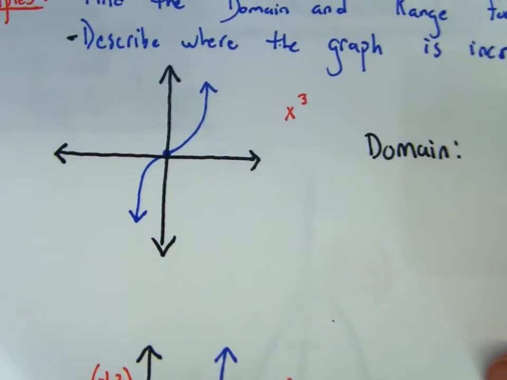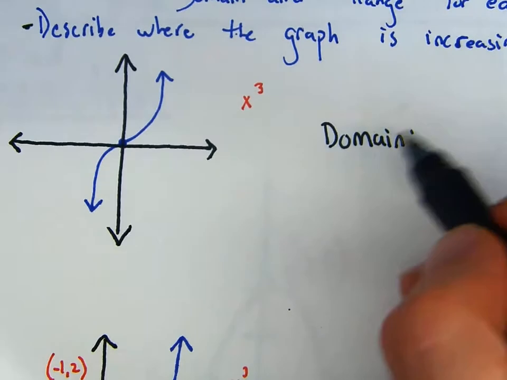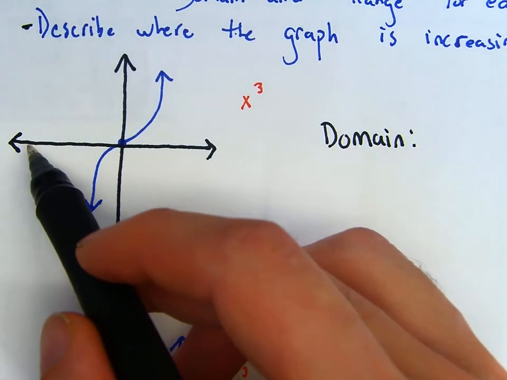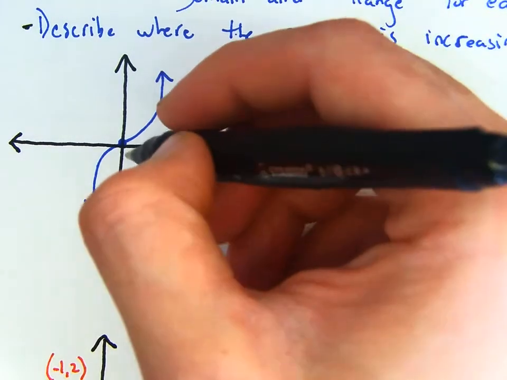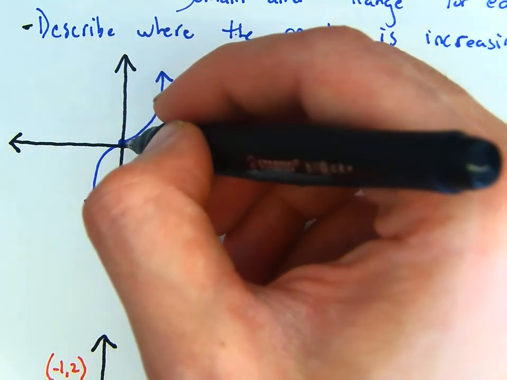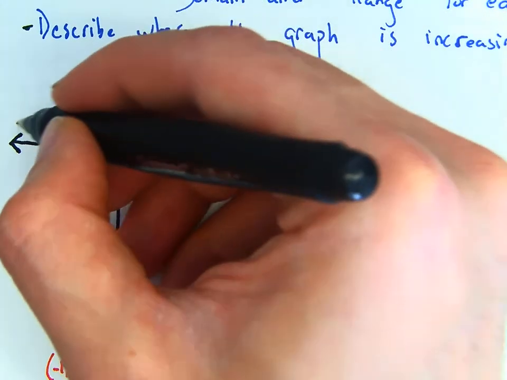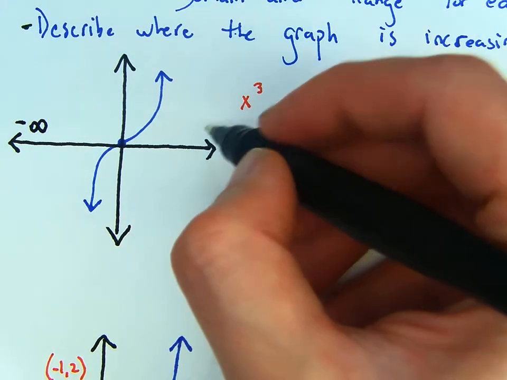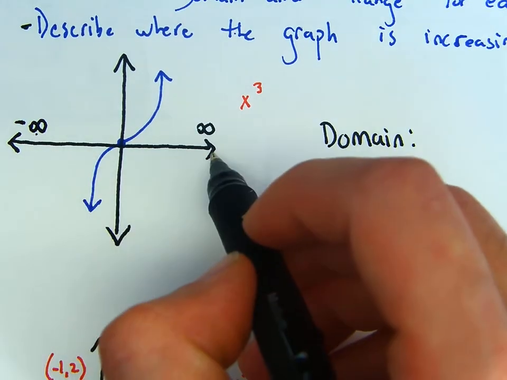So let me zoom in. Let me get a good camera angle. Okay, this looks good. So when we think of domain, think how far left can I go, how far right can I go? So you always start on the left side. So notice that for this function, even though it looks kind of like this, the idea is that all my possible x values are from negative infinity to positive infinity.